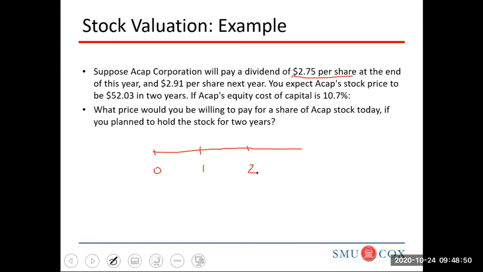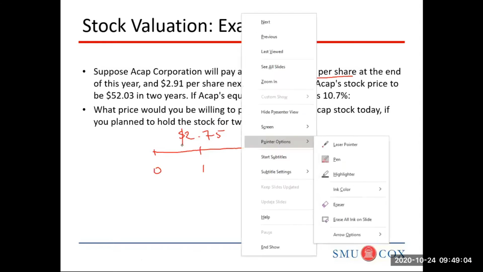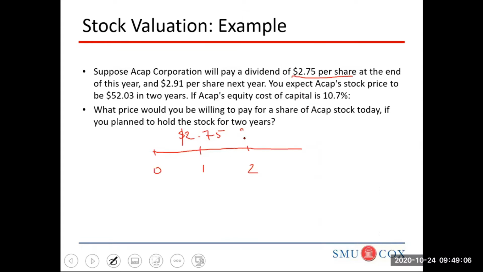So they'll pay $2.75 in 1 year, and then a $2.91 dividend per share the next year.